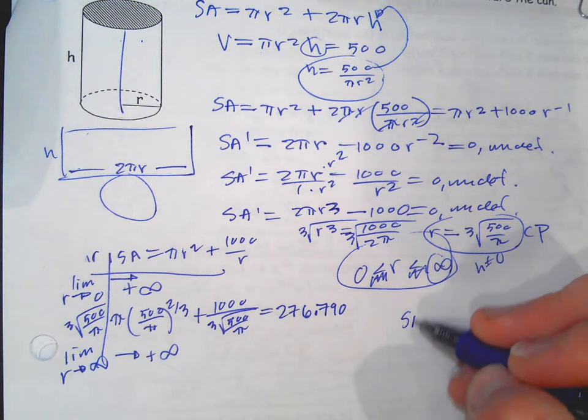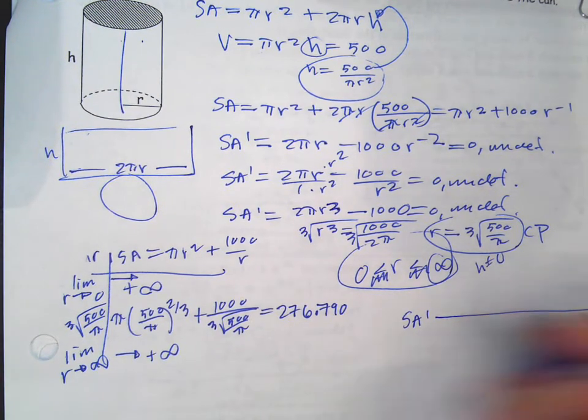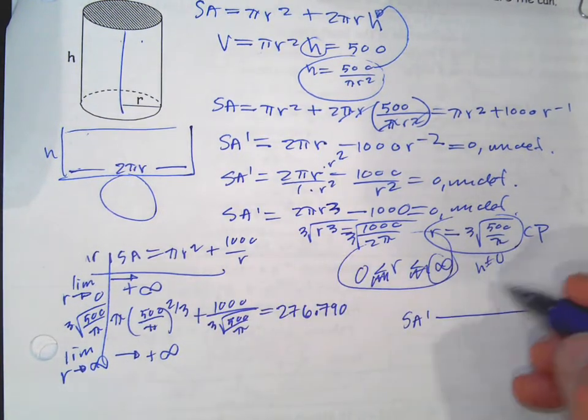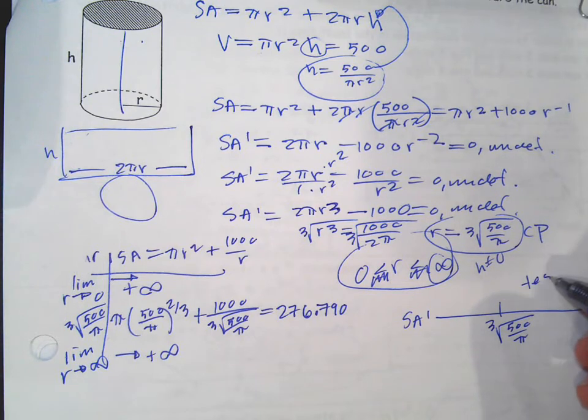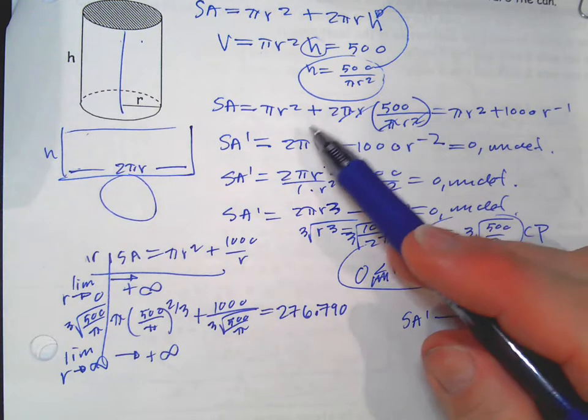So that we would have done all the work except for this little chart. So we got cube root of 500 over pi. Test point, r equals 0 because it's the easiest.